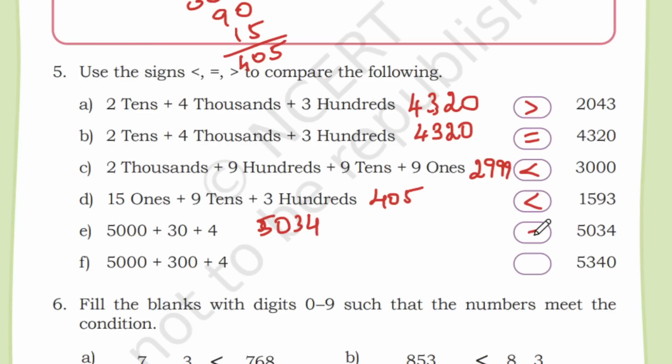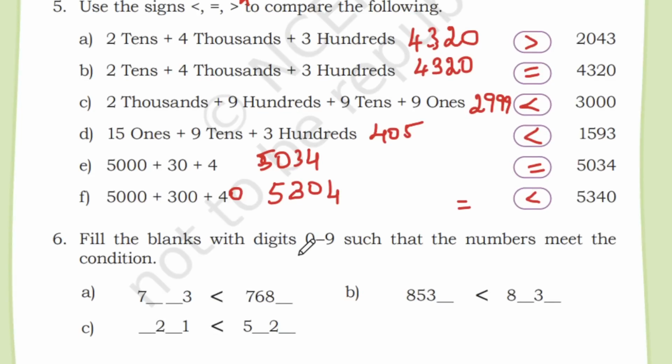And this is equal. Next you have 5,304. So this is 5,304. This is 5,340. So this is greater. Okay, here if they give 40, then this will become equal. Okay, in exam they will not ask the same question, students. You always need to understand multiple questions will be asked.